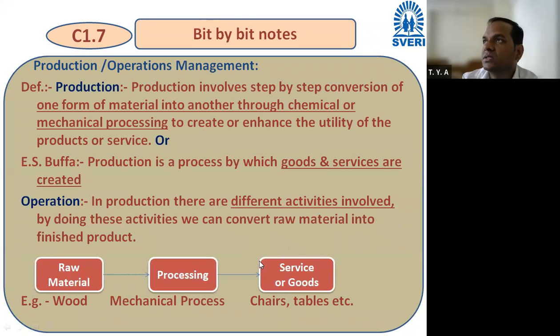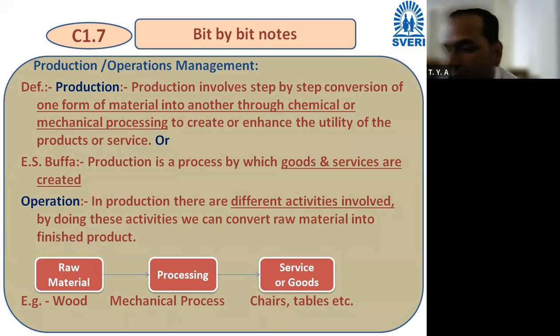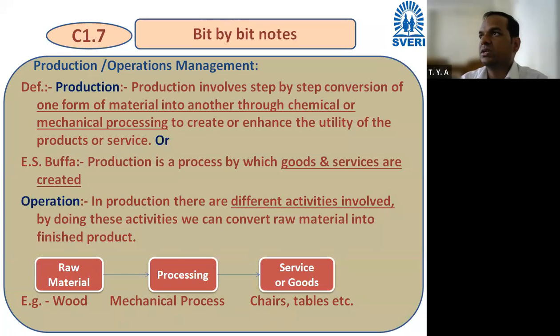In the previous lecture, we discussed production and operation management, right? We discussed various functions of the production manager, right? What is the exact role the manager has to perform in the production department? We discussed it in detail.